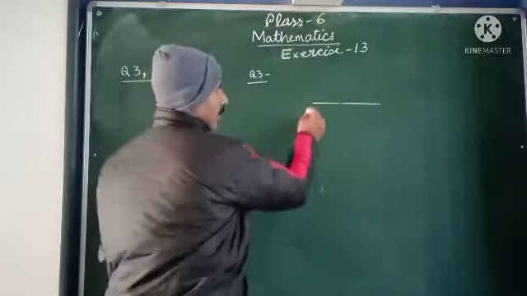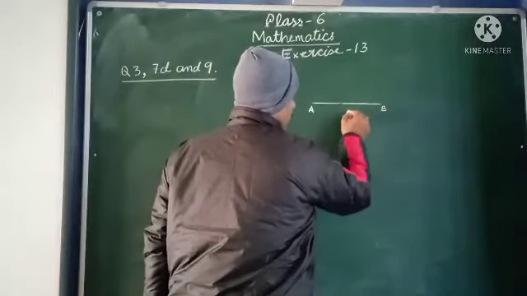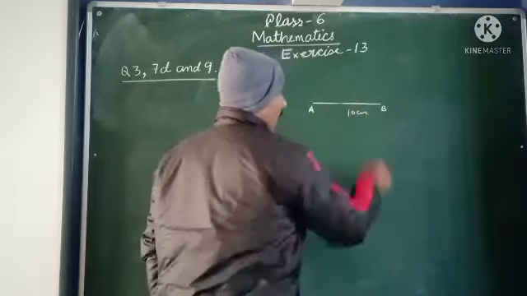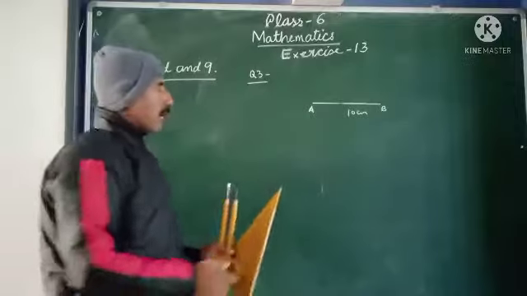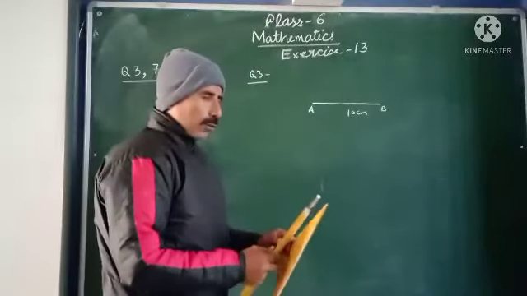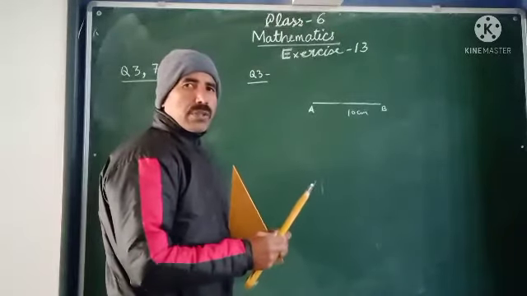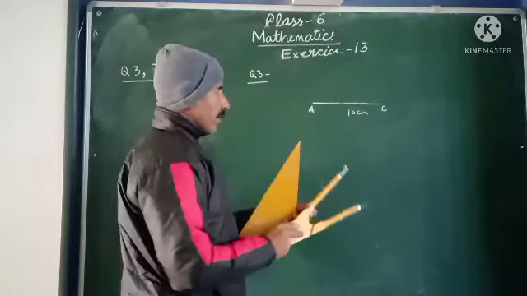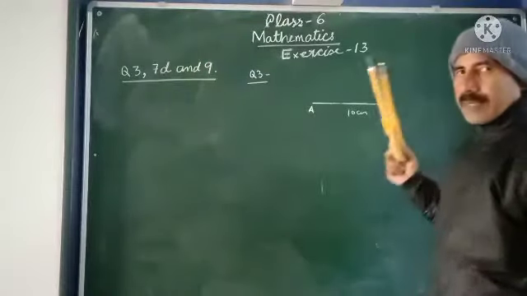This is the line segment AB, 10 centimeter, which I have drawn with the help of a ruler. Now we have to divide it into 4 equal parts. First we have learned how to bisect a line segment. We use that concept. We will bisect this line segment into 2 equal parts.